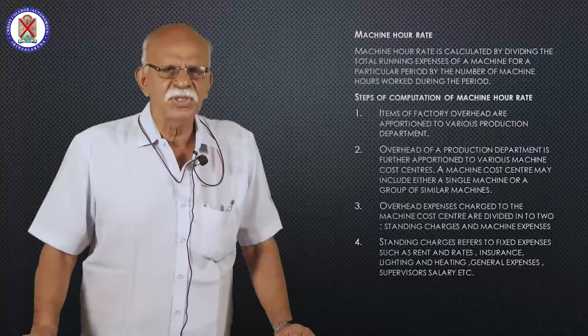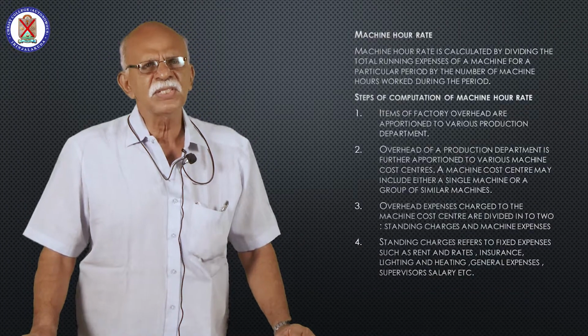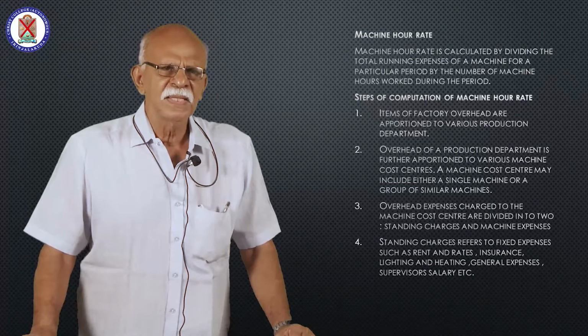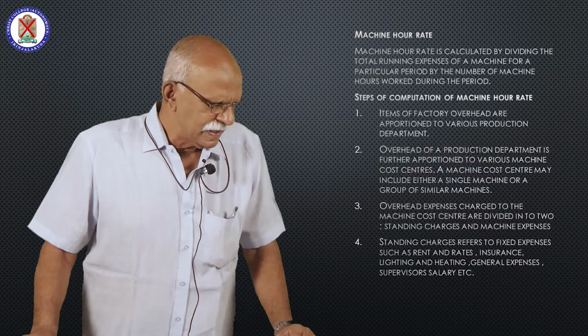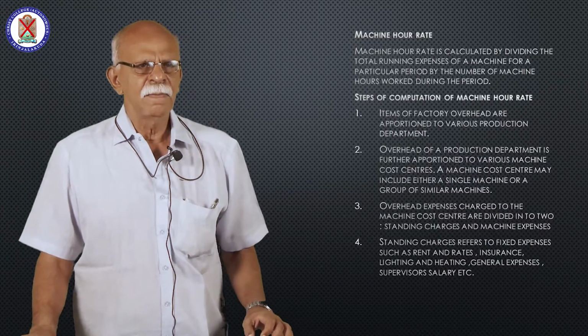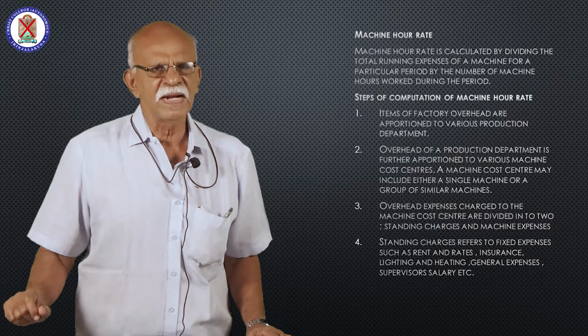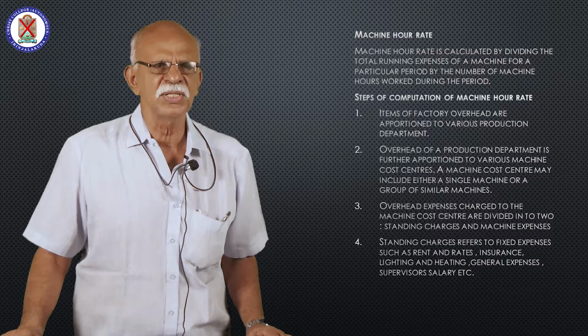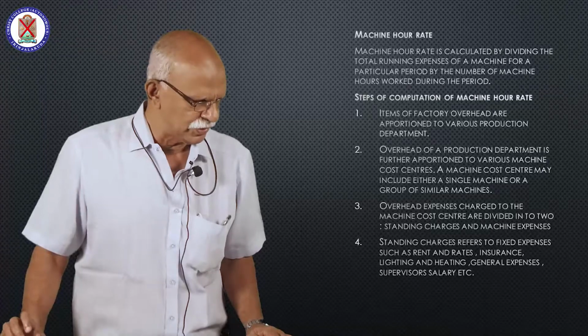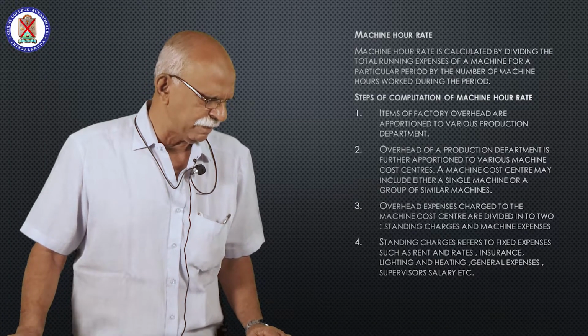How to calculate the machine hour rate? It is calculated by dividing the total running expense of the machine by the number of hours for which the machine is expected to run during that particular period.